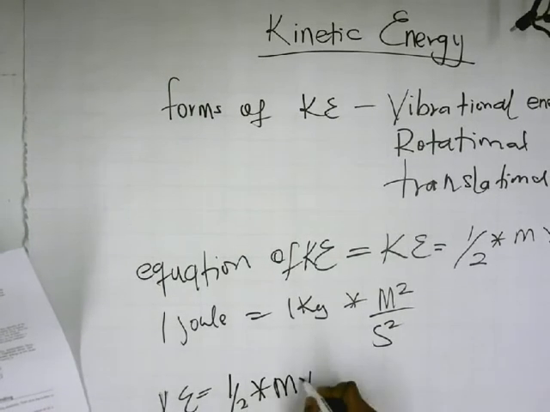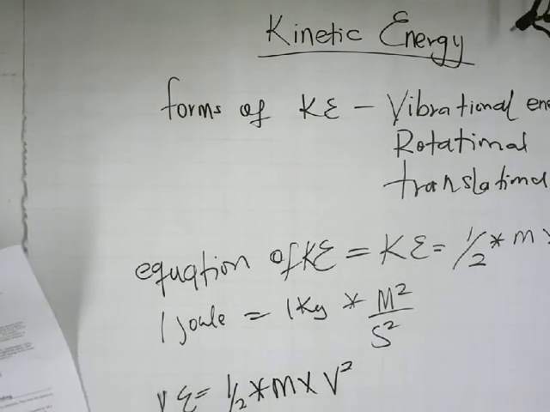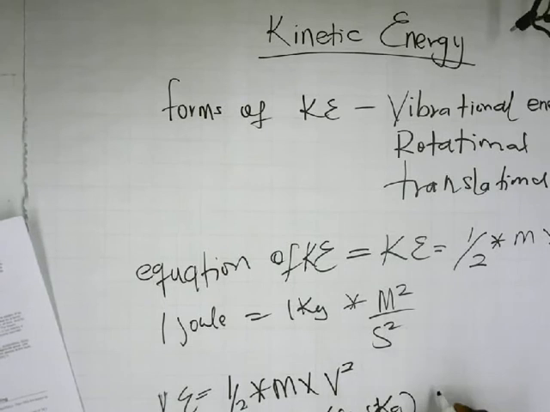Times 625 kilograms times 18.3 meters per second, squared. And the calculation I got is 1.05 times 10 raised to the power 5 joules.